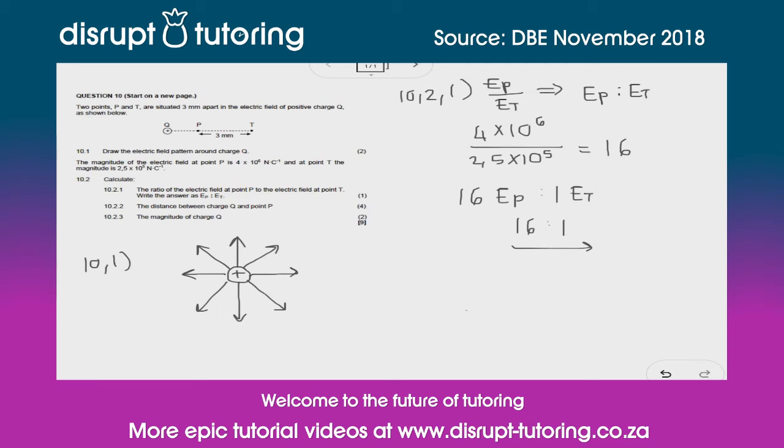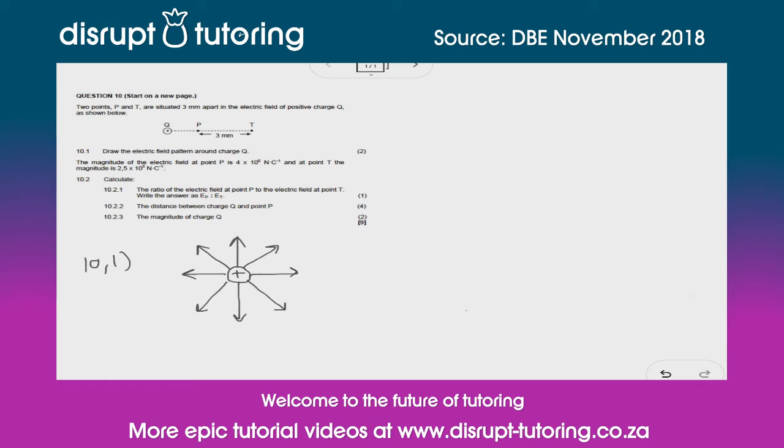Great. So then 10.2.2 asks for the distance between charge Q and point P. Okay, so I'm just going to erase some of this for space. So let me just draw a little diagram.